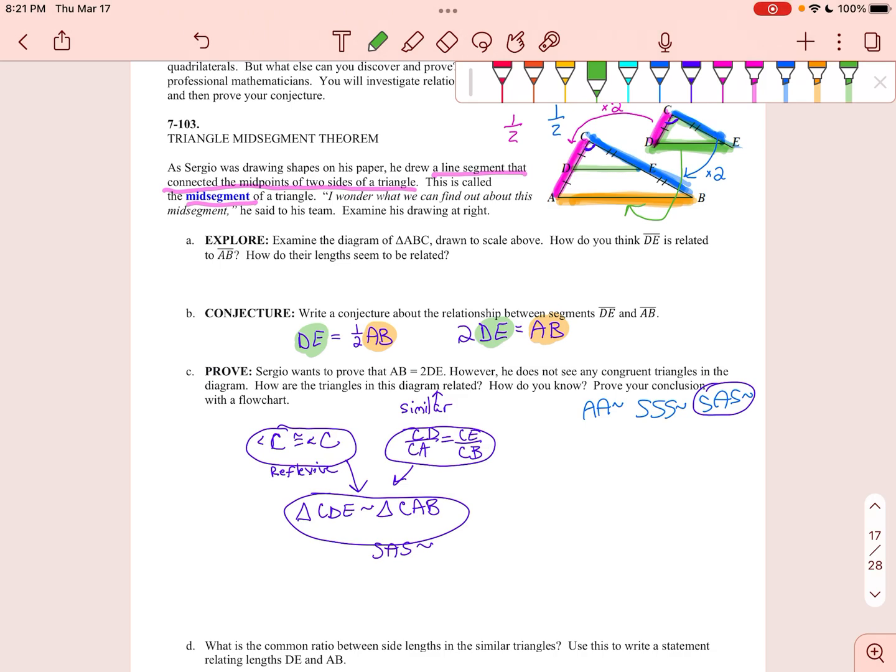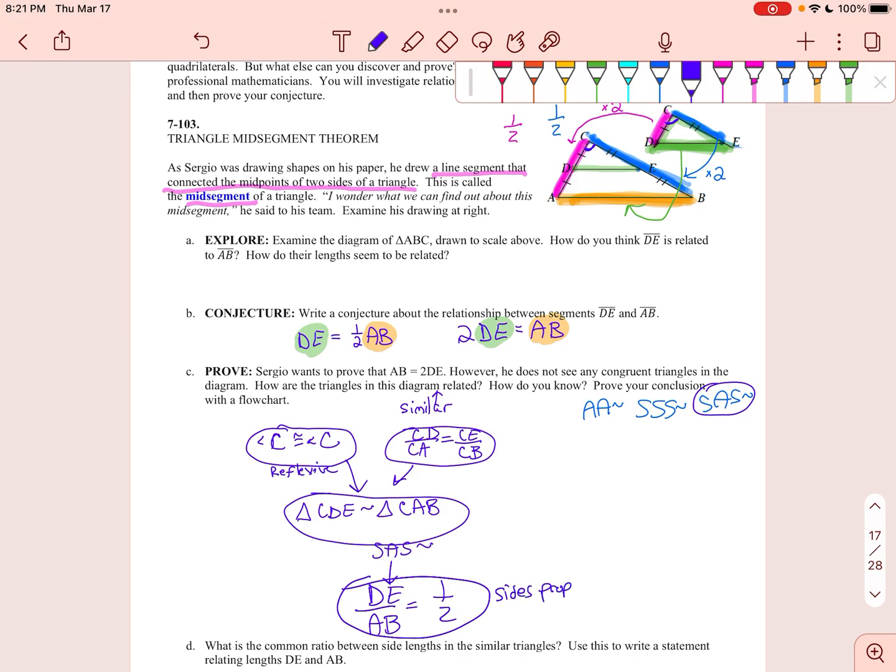In other words, you need 2 DEs to make an AB. Okay, and the reason is right here. Because these triangles are similar and have a scale factor of 2, that means that DE over AB also has to have the same ratio of 1-to-2. Okay, once the triangles are similar, all the sides are proportionate.